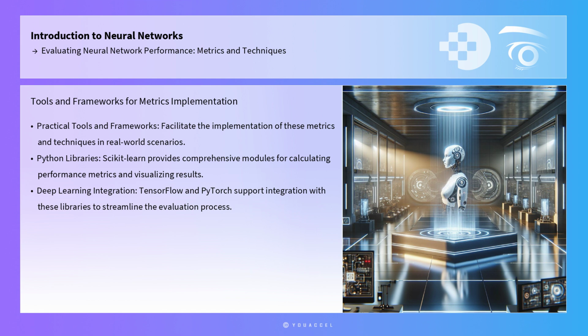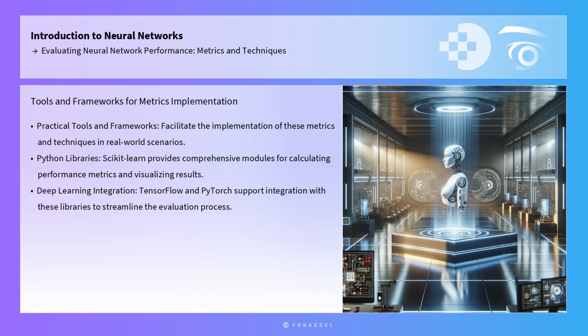Practical tools and frameworks facilitate the implementation of these metrics and techniques in real-world scenarios. Python libraries such as scikit-learn provide comprehensive modules for calculating performance metrics and visualizing results. TensorFlow and PyTorch, the leading deep learning frameworks, also support integration with these libraries to streamline the evaluation process.